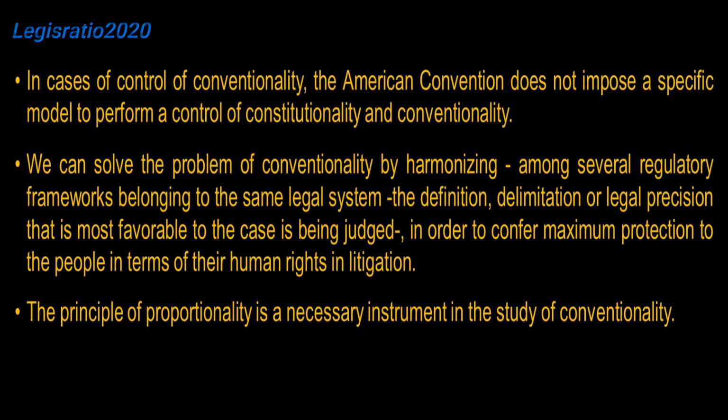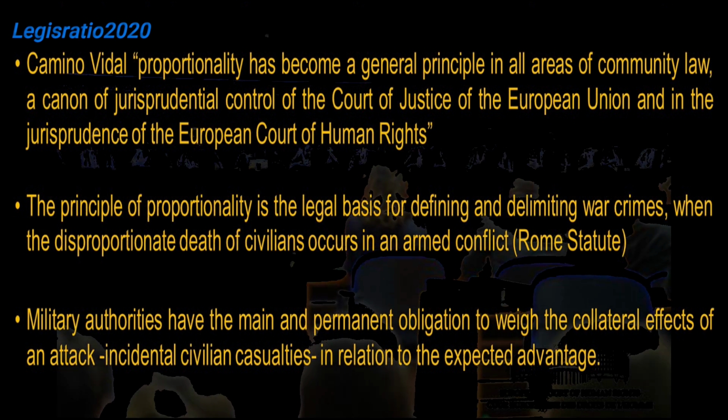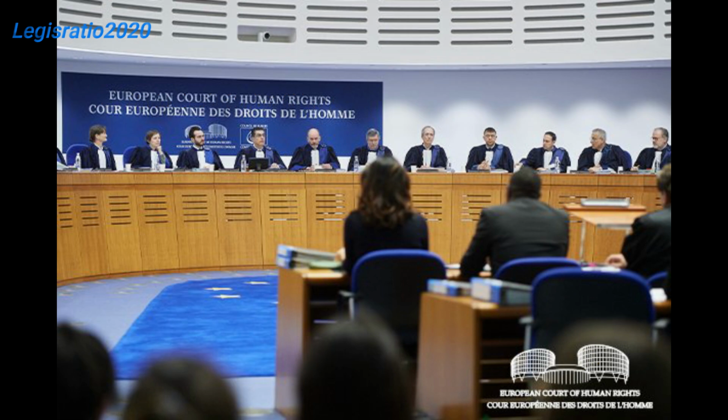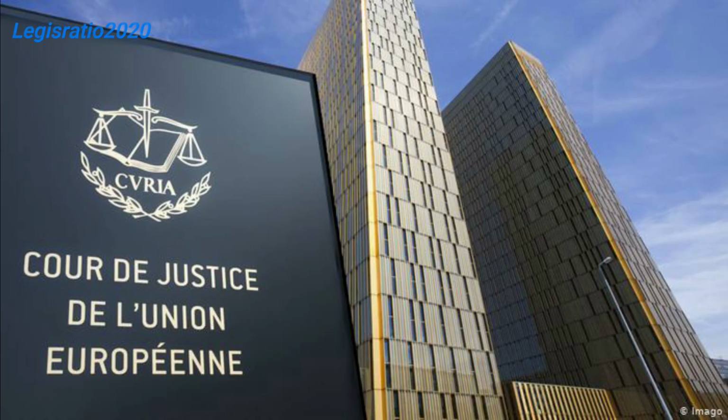Camino Vidal points out that in legal practice, proportionality has become a general principle in all areas of community law, recognized in the Maastricht Treaty, Article 3b, also constituting a canon of jurisprudential control of the Court of Justice of the European Union, and even recognized in the jurisprudence of the European Court of Human Rights.